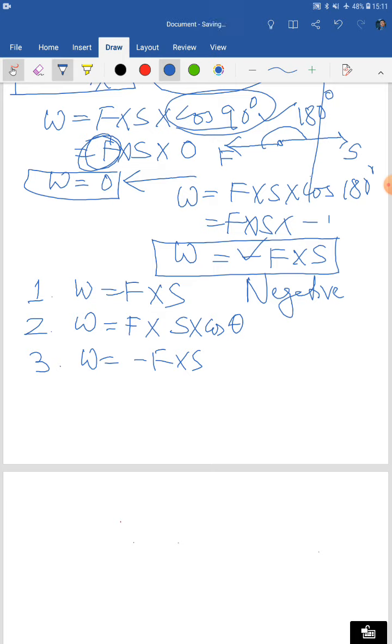But if you are doing work against gravity, meaning you are raising something up from the surface of the earth, suppose this is the surface of the earth, you have taken one stone or anything and you are lifting it up and reaching here. So the force acting on this object is due to gravity, right?